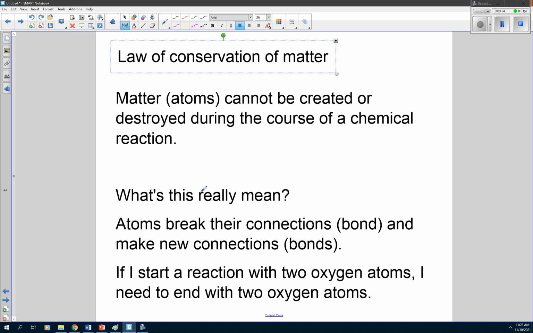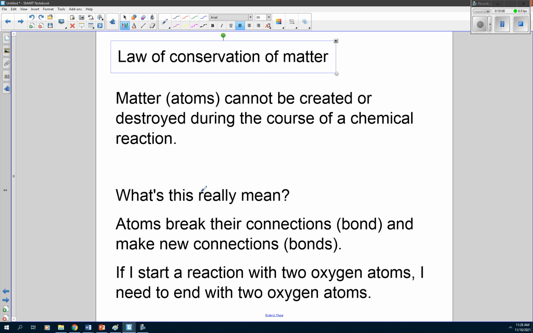And what I mean by that is really atoms cannot be destroyed, but they also cannot be created in the course of a reaction. So if I start a reaction with, let's say, 2 oxygen atoms, what that means is I have to end up with 2 oxygen atoms. I can't eliminate an oxygen atom. I can't destroy an oxygen atom. I can't make a new atom. I can't start a reaction with copper and end up with lead.